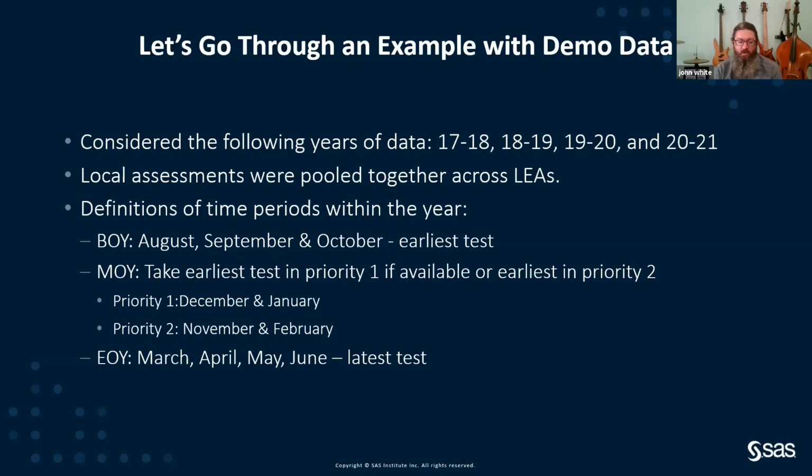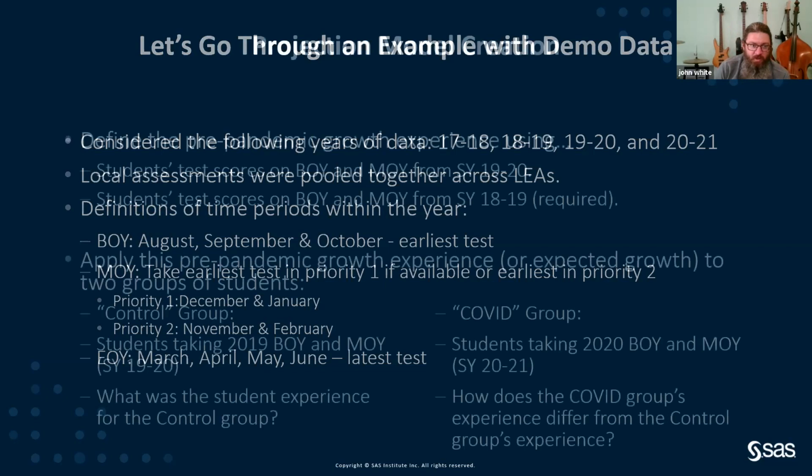And if you had a student with multiple assessments there, we would take the earliest. And then the second priority, if a student did not have a test available in December and January, but they had one in November or February, then we would take the earliest test date from that 2-month block. And then for the end of year, which isn't as relevant for the unfinished teaching and learning, is March, April, May, June, and we would have taken the latest test date. That's going to be more relevant when we measure growth.